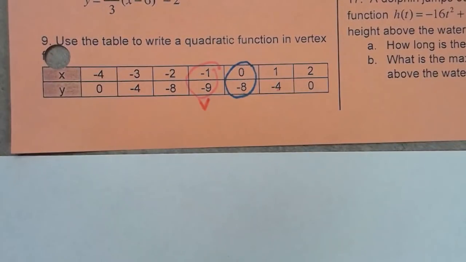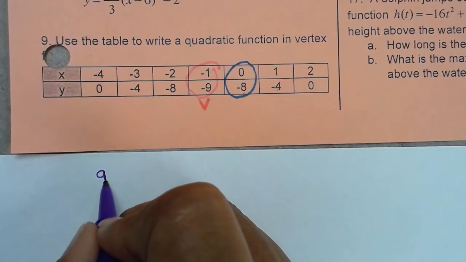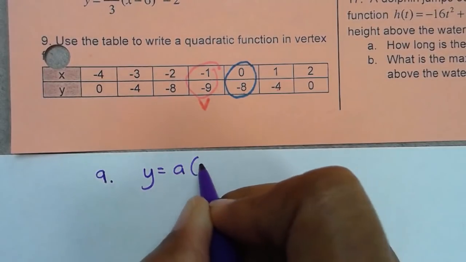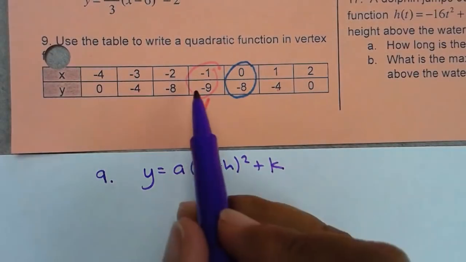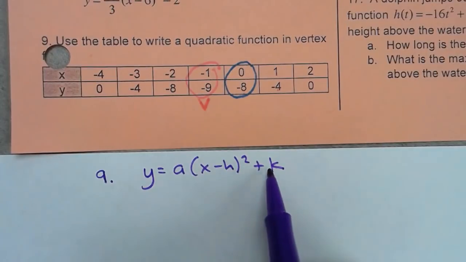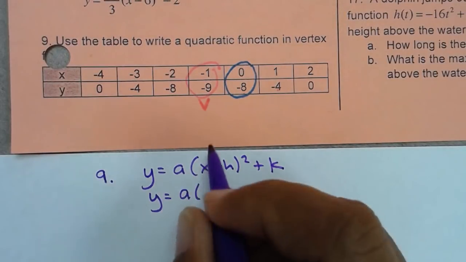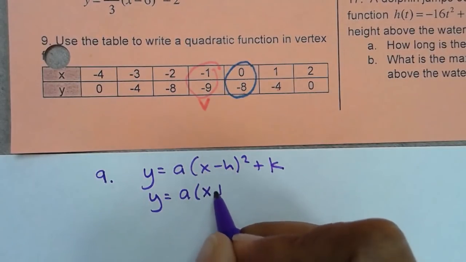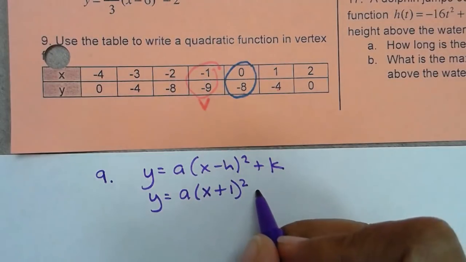So on number 9, we're going to write this in vertex form. So if you don't remember the vertex form, that's y equals a times x minus h squared plus k. The vertex gives us the h, k, so I can plug that in right away. Y equals a, x in the vertex is -1, so keep in mind you write opposite, so it'll be plus 1 squared, and then k is going to be this -9.